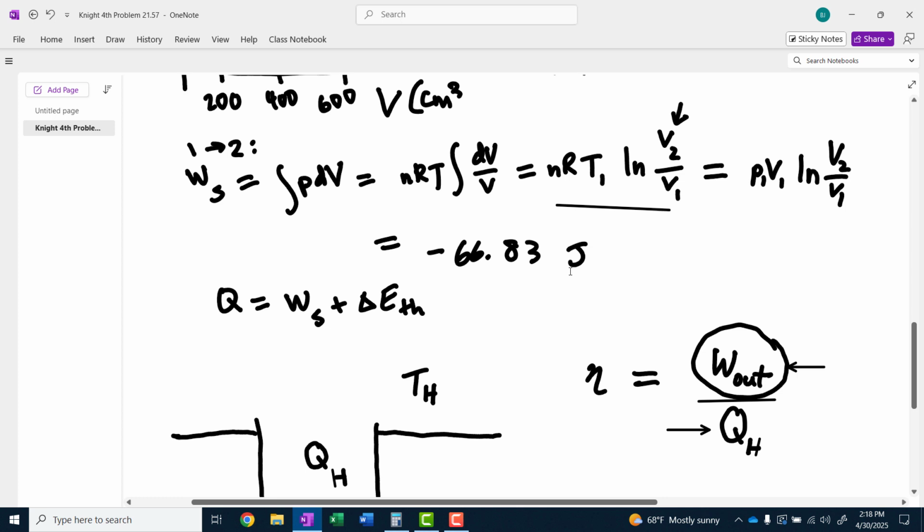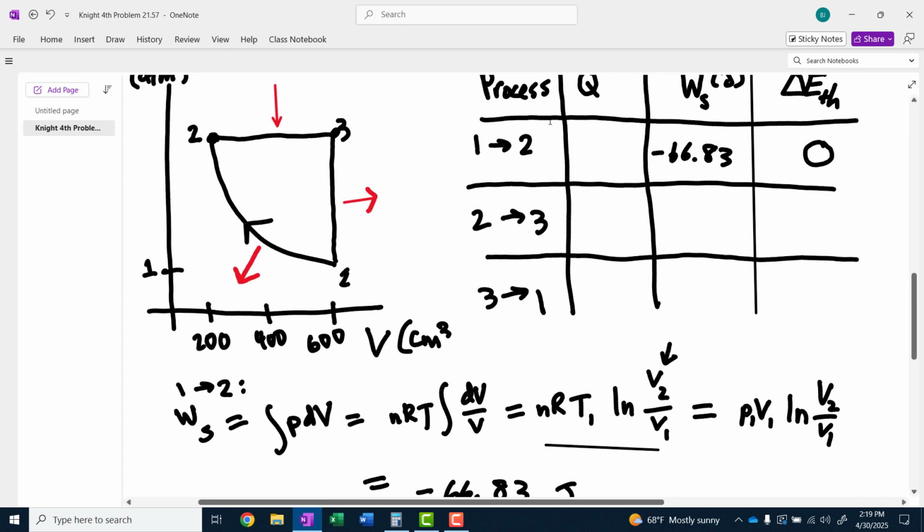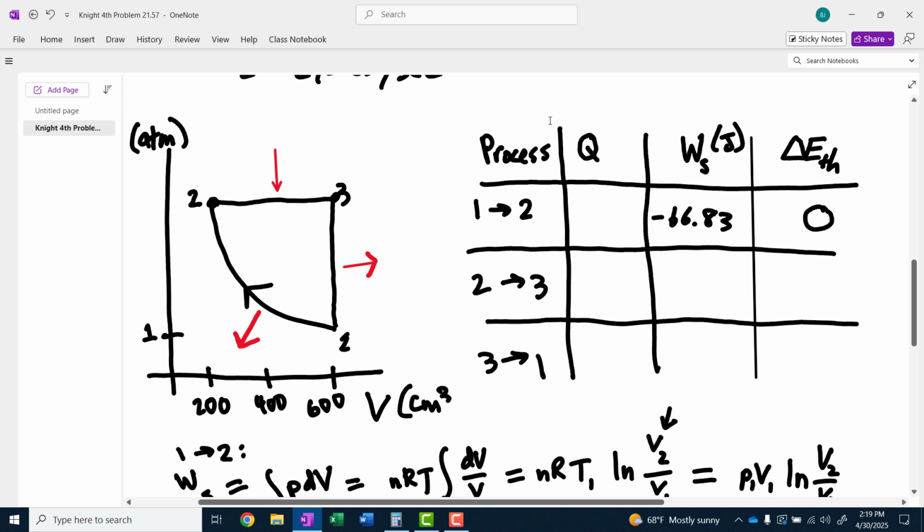And we already concluded that the thermal energy change is 0 because it's isothermal. So Q and W_s are numerically equal. See how easy this was for this particular process. Often you're going to find that one of these quantities is pretty easy to calculate. In this case, 2 were easy, Q and delta E thermal.